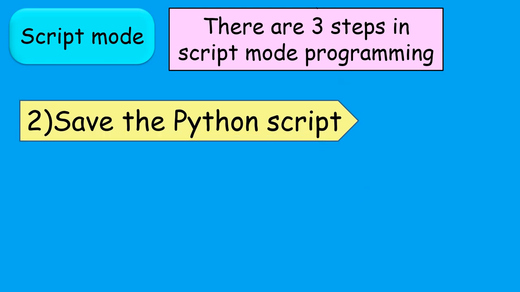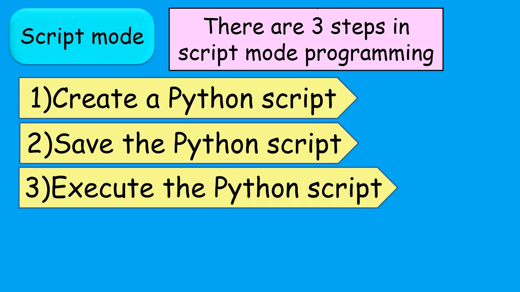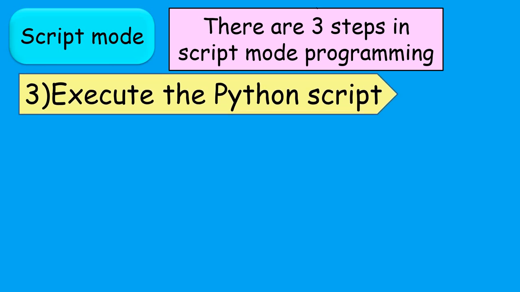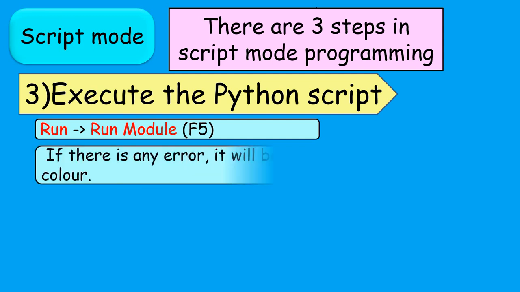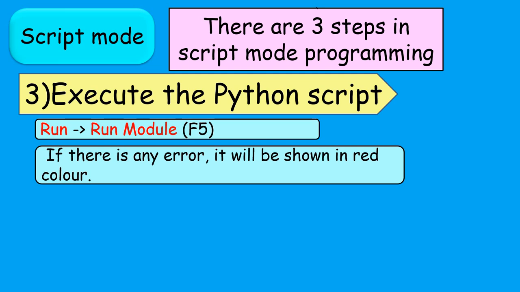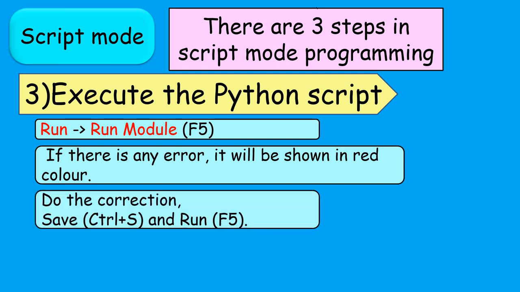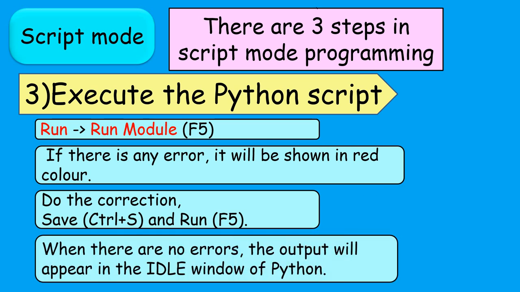After saving, you can go on to the third step, which is executing the Python script. You have to give the command Run Module, or you can directly press F5. If there is any error, it will be shown in red color. Do the correction. Once again save and run again. When there are no errors, the output will appear in the IDLE window of Python.